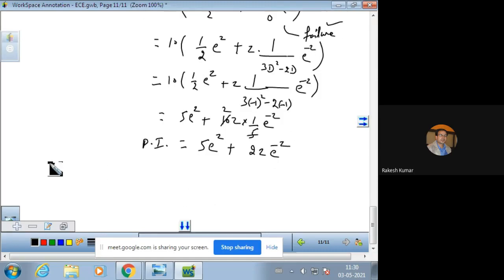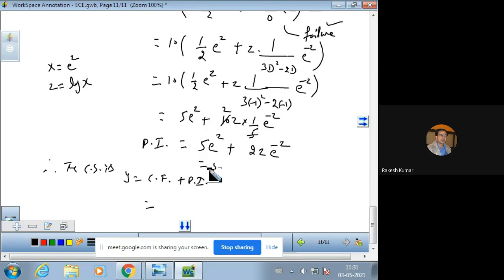So now write down the complete solution: y is equal to complementary function plus particular integral. And one more thing, substitute z now. You know that x was e^z and your z was log of x.